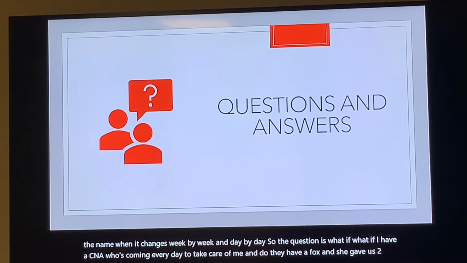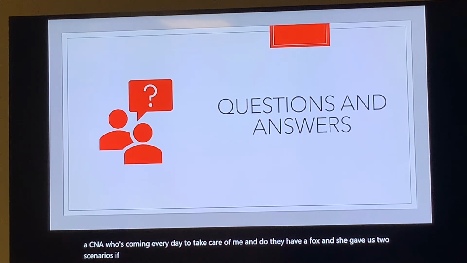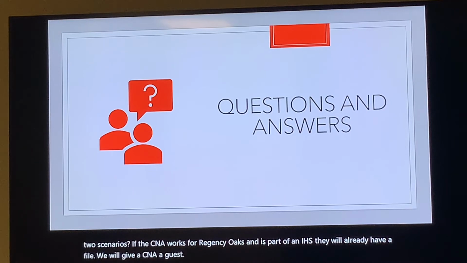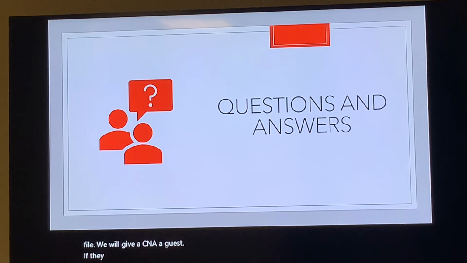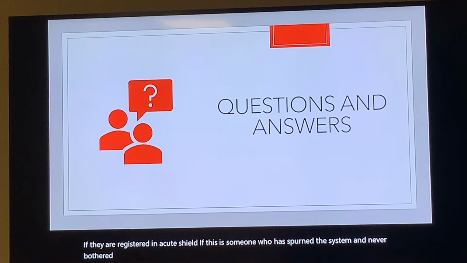If the CNA works for Regency Oaks and is part of IHS, they will already have a fob. We will give a CNA a guest fob if they are registered in AccuShield. If this is someone who has skirted the system and never bothered to go through the screening process or the access, we will not give them a fob.